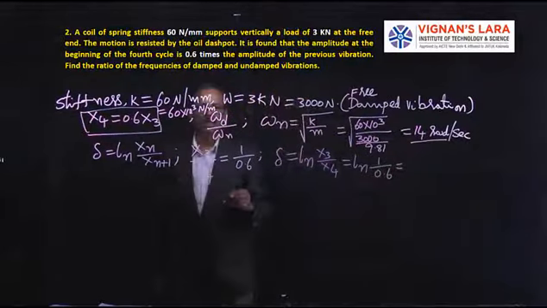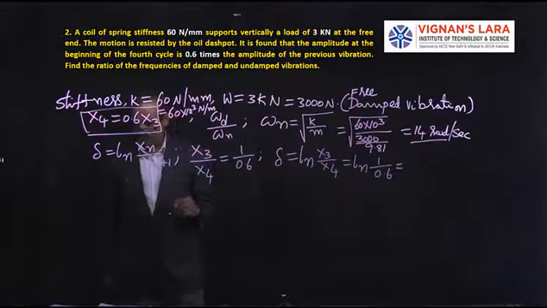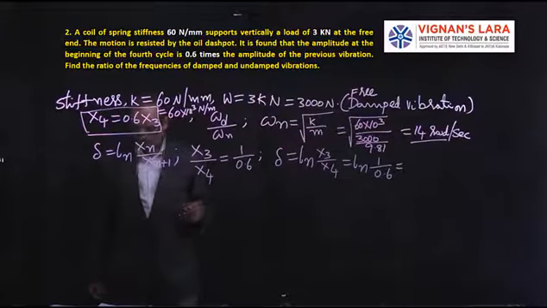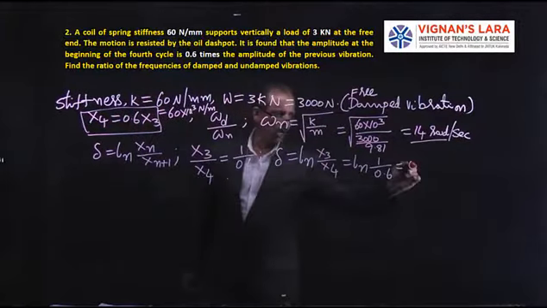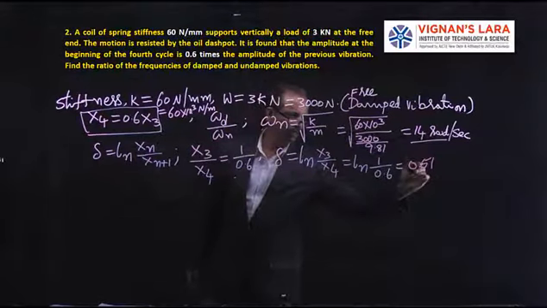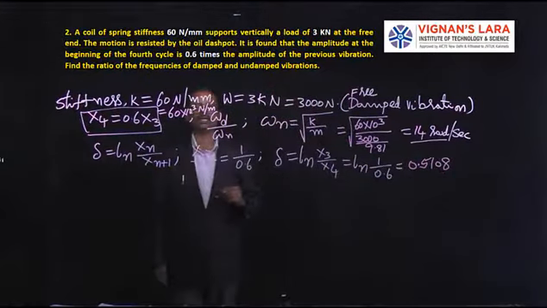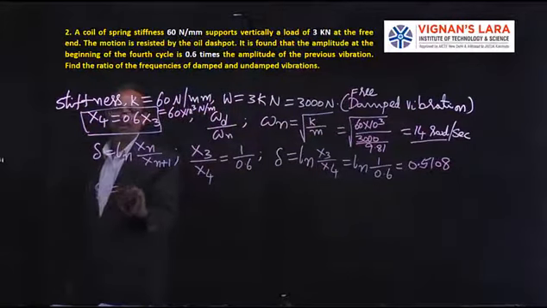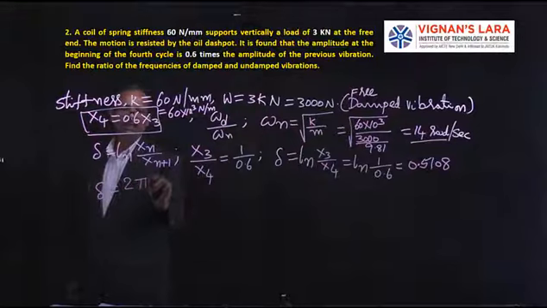So delta, which is the logarithmic decrement, is calculated by this. We get the value as 0.5108. The delta value is obtained. And we know a basic relation from free damped vibrations: delta is given by 2 pi zeta by root over 1 minus zeta square.